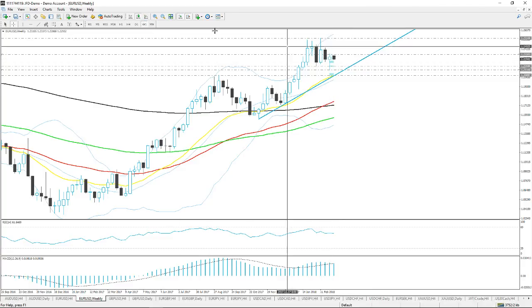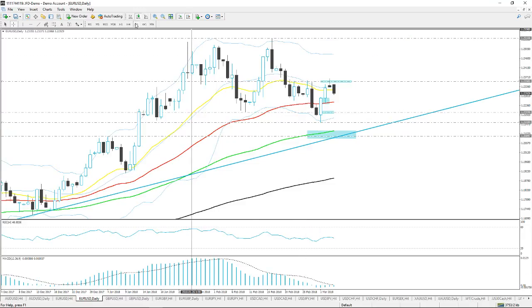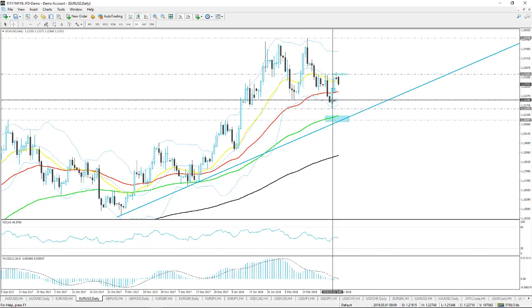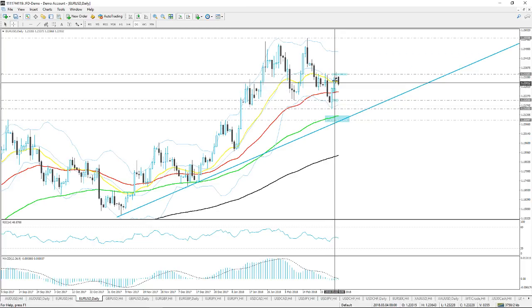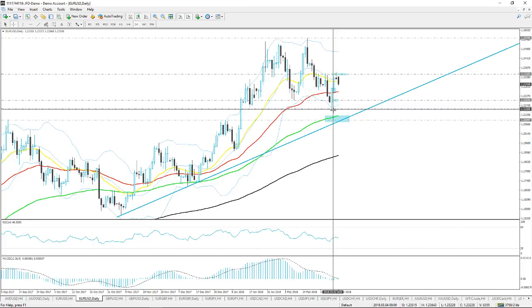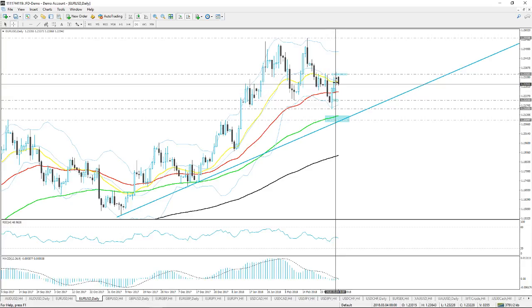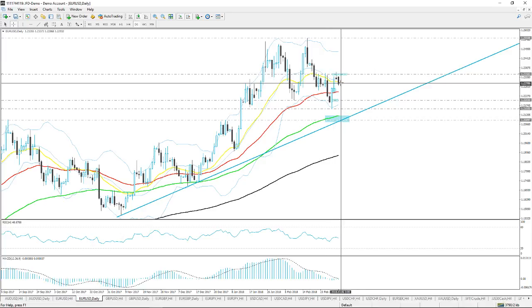Initially in the week it was selling off, but then starting from Thursday and Friday we saw sharp moves upwards in the euro dollar, and it totally gained back all the losses it made in the beginning of the week. So today we're seeing this picture right now.